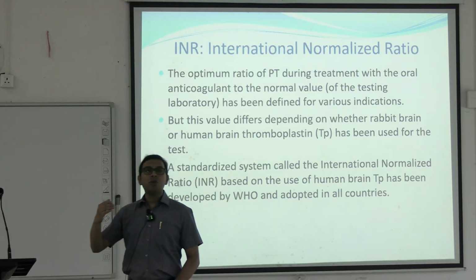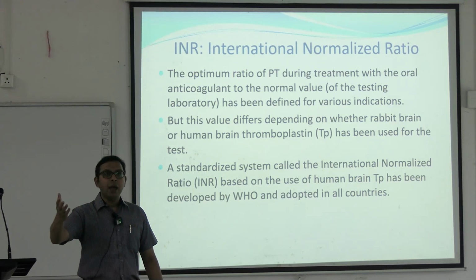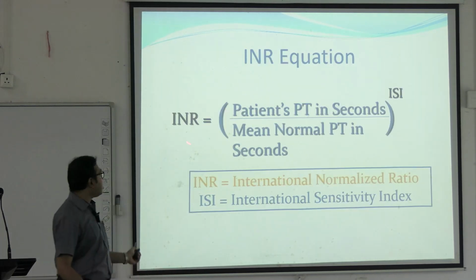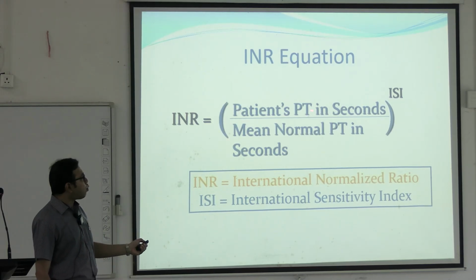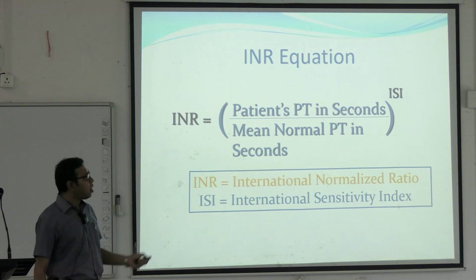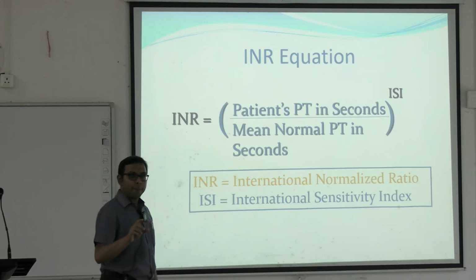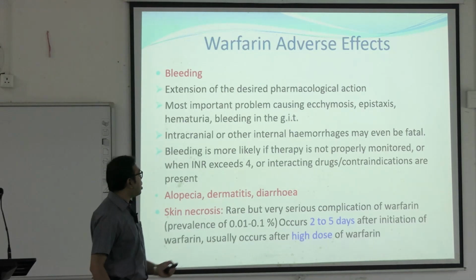If this INR is very high, there are more chances of bleeding, and if it is very low, there will be a subtherapeutic effect. It is calculated as the patient's prothrombin time in seconds divided by the mean normal prothrombin time in seconds, raised to the power of the international sensitivity index. It is fixed. So from this we can derive the INR.